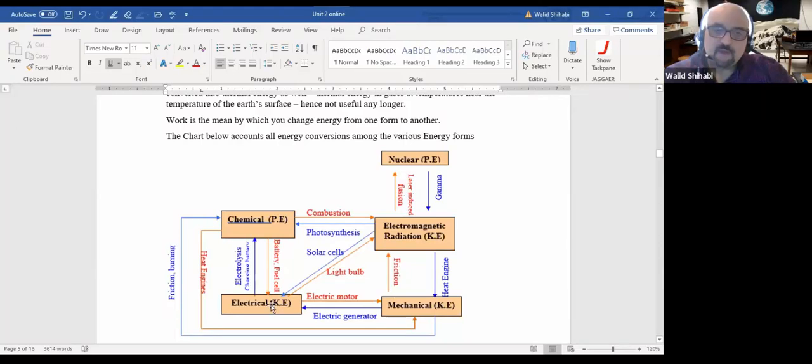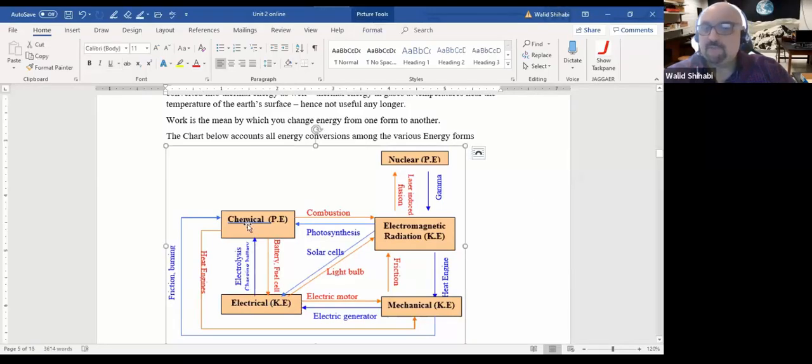Okay. When we charge the battery, we are changing the electrical energy into chemical energy. When you charge your battery, your phone or whatever, you are changing electric energy into chemical energy stored in the charger, in the charging bank, and so on. Okay. So this kind of shows you the array of conversions.